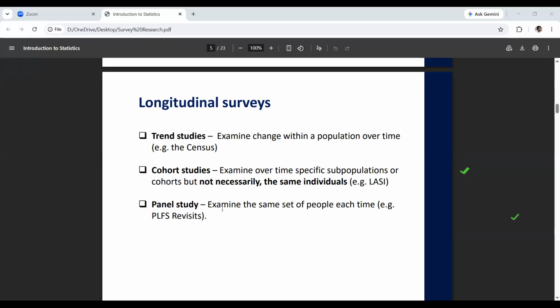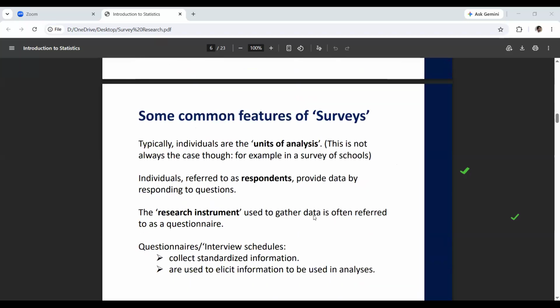After 5 years, suppose 60,000 are alive or available for interview, not migrated. Only those 60,000 will be interviewed. No new participants. So these kinds of studies are known as panels, where the sample remains the same over a period of time. No new entries.